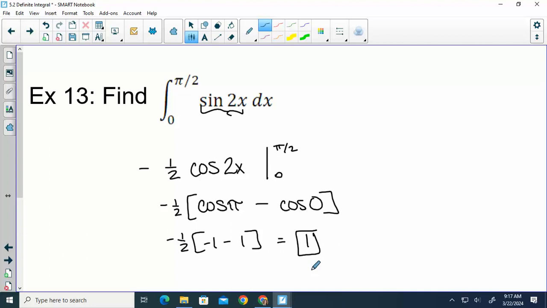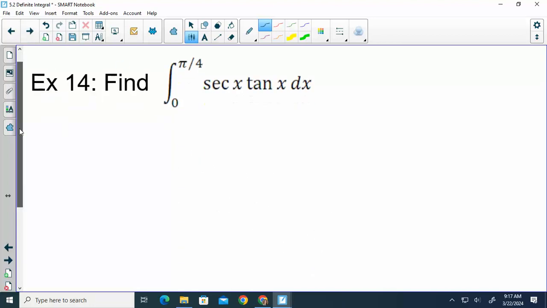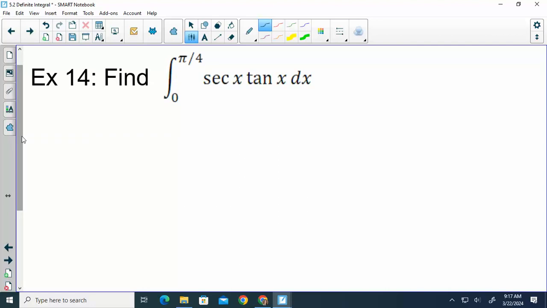Any problems with these? Can we do a product rule in reverse? Okay. So this is secant x tangent x.